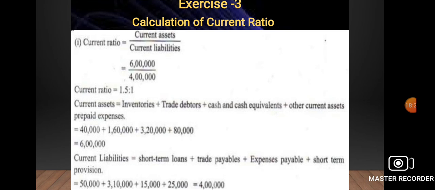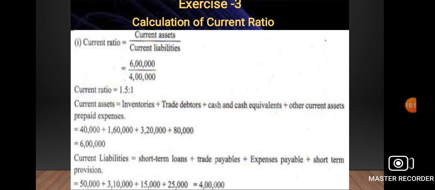What is the formula of current ratio? Current assets divided by current liabilities. Current assets means inventories plus trade debtors plus cash and cash equivalent plus other current assets, that is prepaid expenses. Inventories rupees 1,60,000 plus trade debtors rupees 3,20,000 plus cash and cash equivalent rupees 80,000 plus prepaid expenses rupees 40,000.